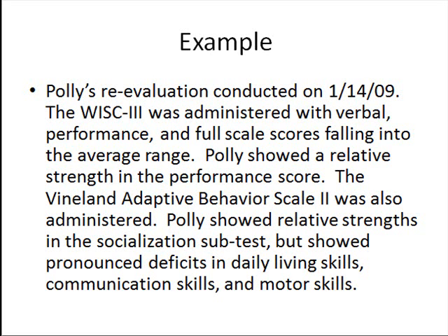That's kind of a functional assessment, an assessment of functional skills. It was administered. Now we're talking about relative strengths, strengths in socialization, that subtest, but deficits in daily living skills, communication, and motor skills. That gives you an idea of how she's functioning. It's not giving you the exact scores. Again, if you need to use the exact scores for whatever reason, you can, but if there's a way you don't have to, that's the better way to go.